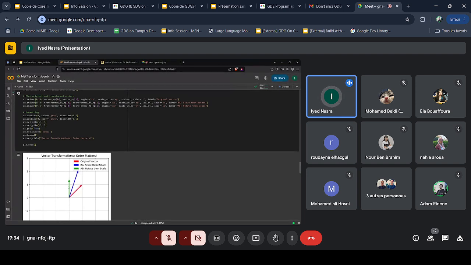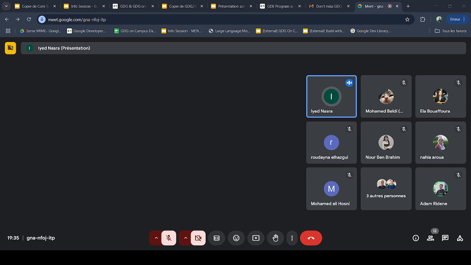The green was the red rotated then scaled. Obviously, it's very different. We get a completely different result, a very new vector. It's not the same, and the same goes if we imagine it in a deep learning context, for example. We cannot really switch the layer order, of course, and here I wrote it, order matters.